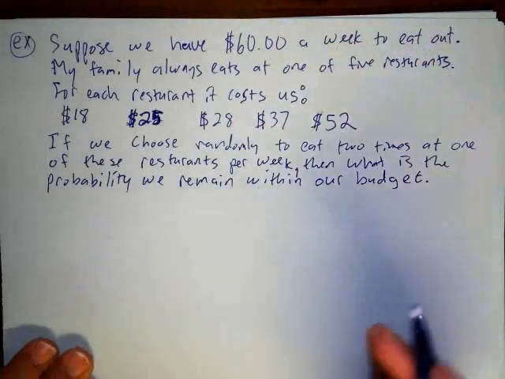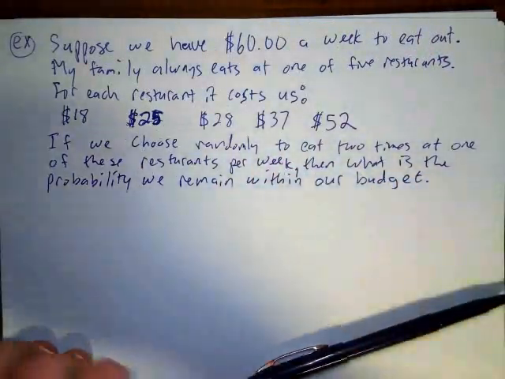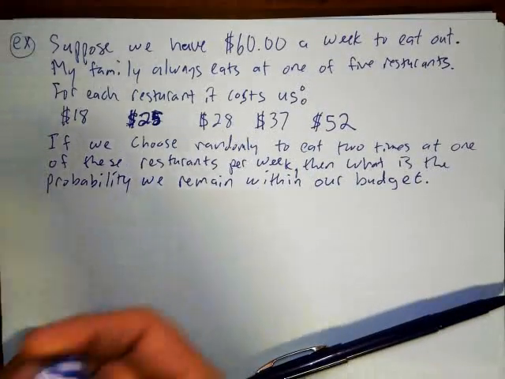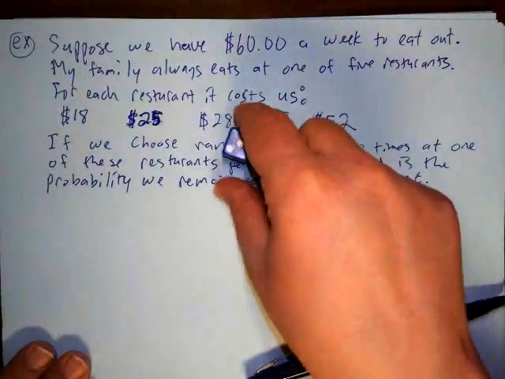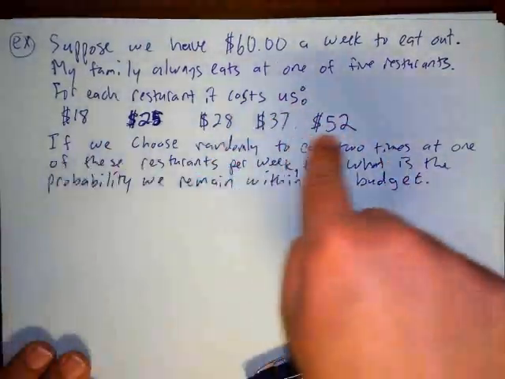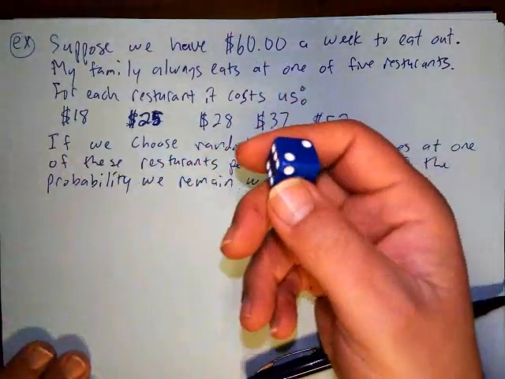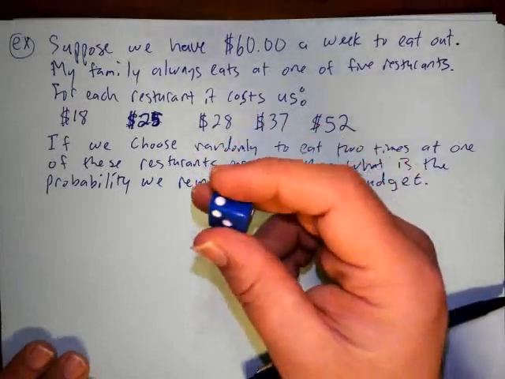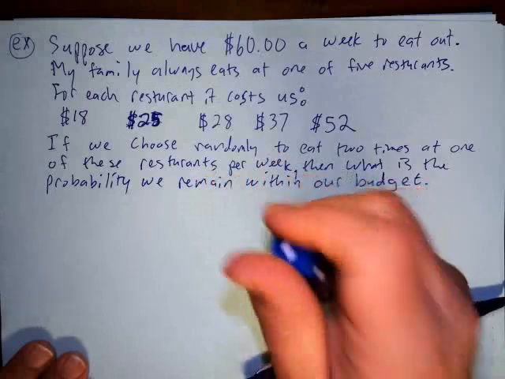Anytime I do 2 things like this, I can use that table, like with rolling 2 six-sided dice, where we have a 6x6 table. Except you can think of this as a 5-sided die. I don't think there's any such thing as a 5-sided die, but you could think of it that way, where one side has 18 on it, another is 25, another side has 28, and so on.